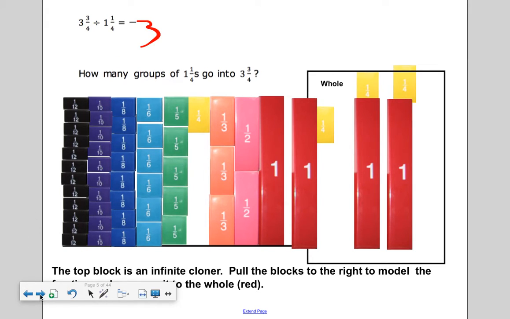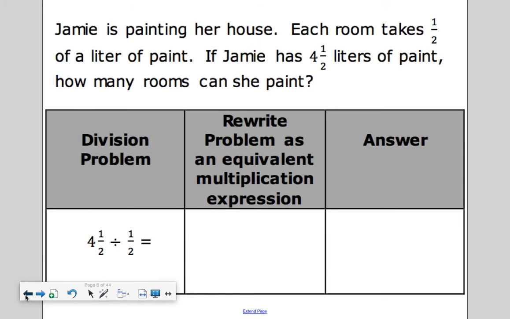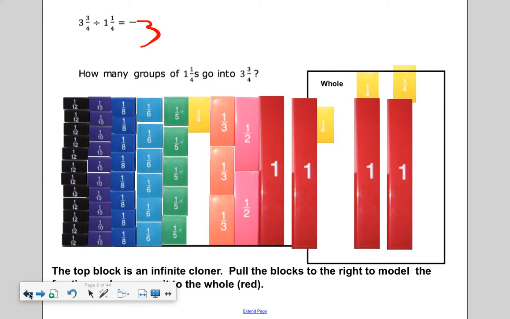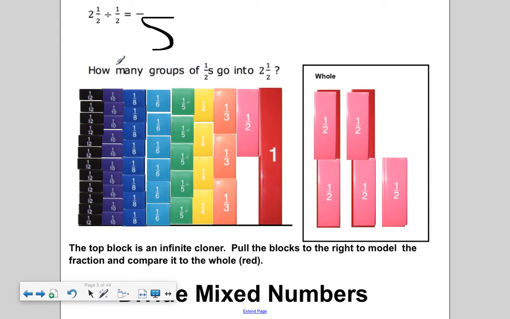What if you did not like what I just did, and you would rather just rewrite the problem as an equivalent multiplication expression and solve it? So let's see if we get the same answer. 2 1/2, what is that as an improper fraction? 5/2. So again, you keep the 5/2.